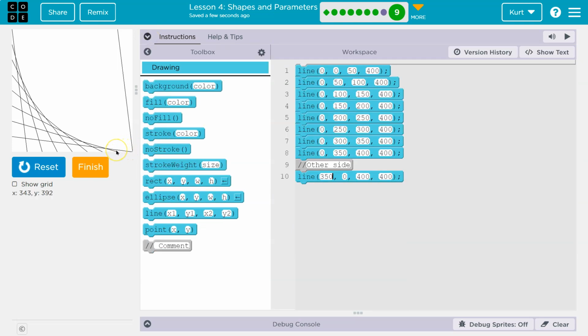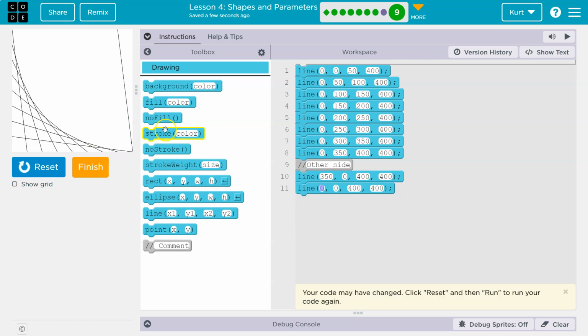Well, they have one here. That's at about 350x. So let's look for a 350x. There's a 350x. And what is it at y? 400. Okay, let me grab a line. So if that's at 350x, 400y, we would want it on this side, right?